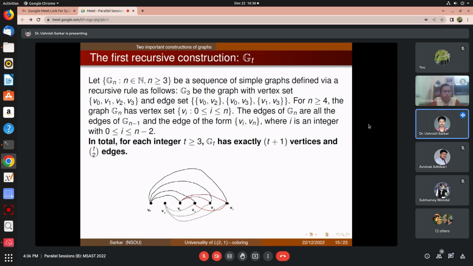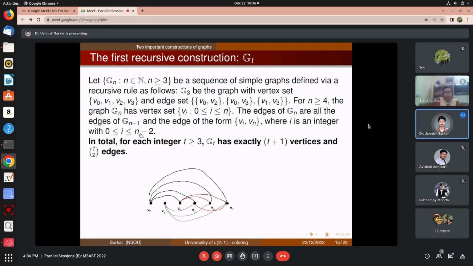Now, for the next construction, say G4, G5, what we are doing is keeping G(n-1) intact and adding the nth vertex more. Then I am adding the edges of the form Vi to Vn, where 0 is less than or equal to i, which is less than or equal to n minus 2.